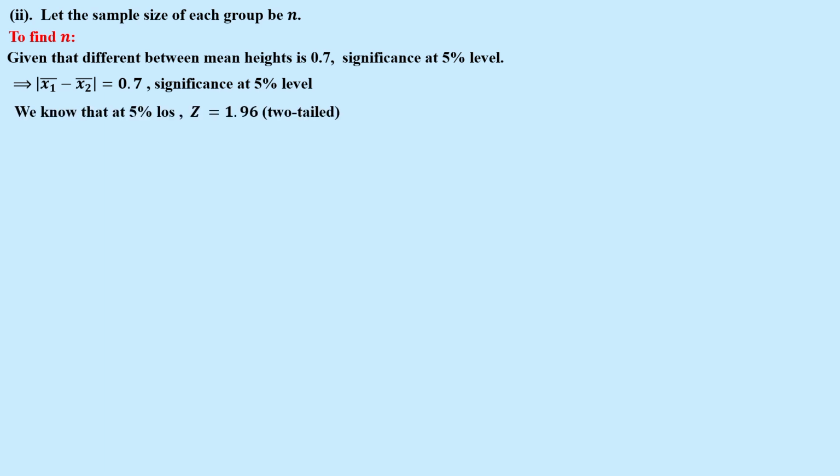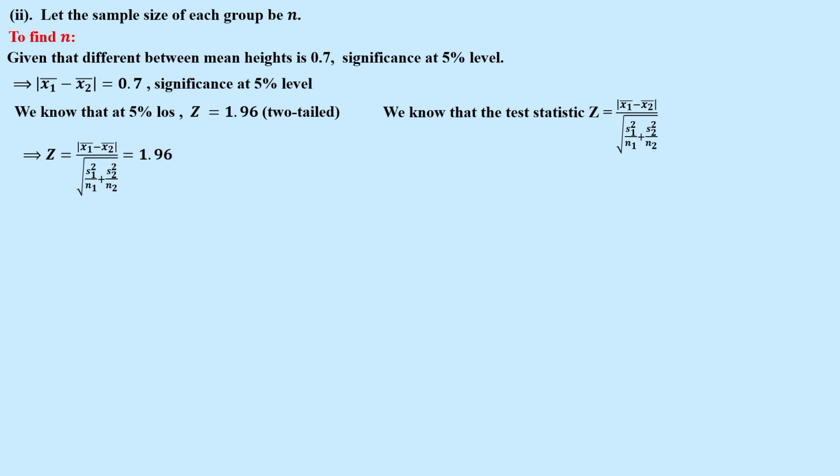We know at 5% level the z value is 1.96, as we are using a two-tail test. We know that test statistic z is equal to modulus of x1 bar minus x2 bar by root of s1 square by n1 plus s2 square by n2. So z is equal to 1.96.